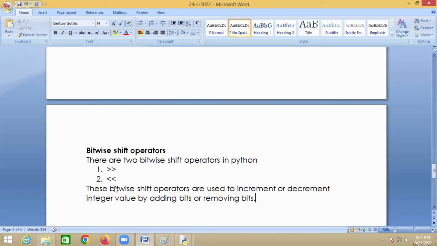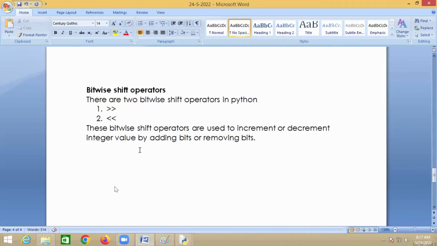You are incrementing the value by adding one bit, and you are decrementing the value by removing one bit.